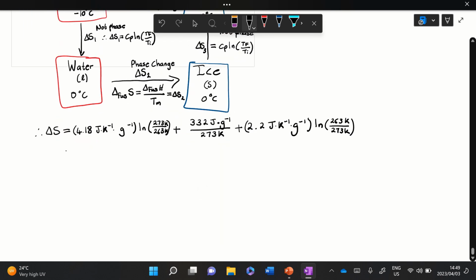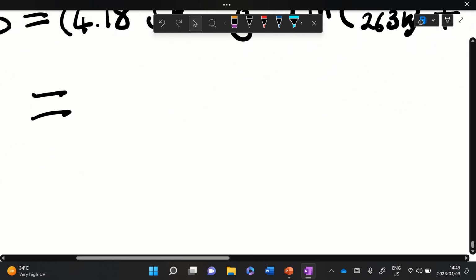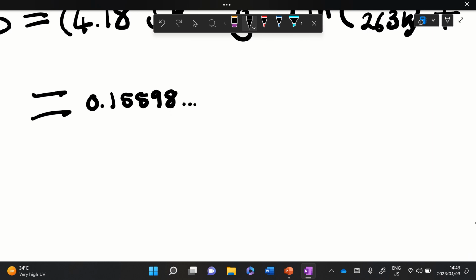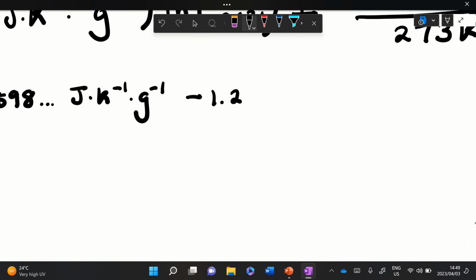And then we just need to calculate these values. So the first one is 0.15598 and a bunch of numbers, joule per Kelvin per gram. Then it is minus 1.216 joule per Kelvin per gram.